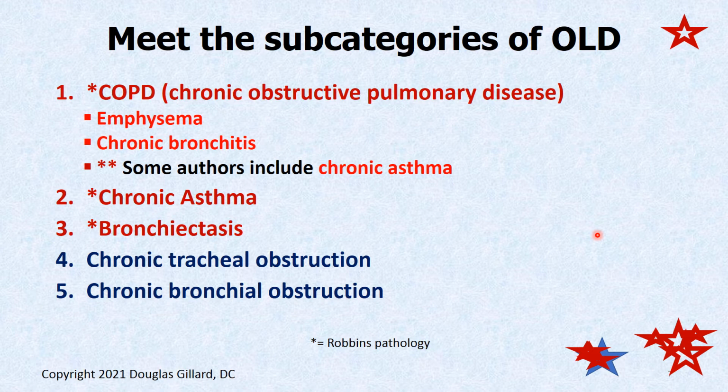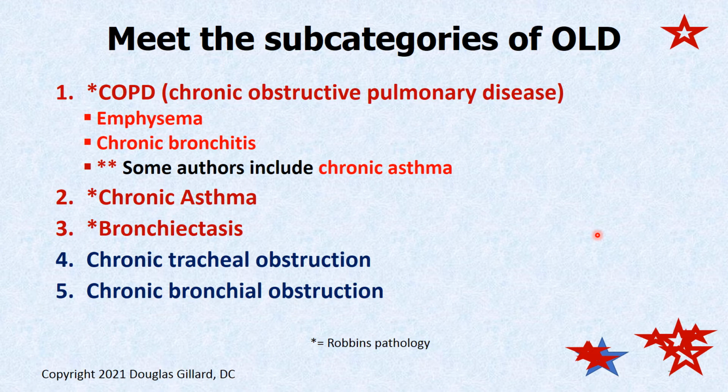Well, COPD, chronic obstructive pulmonary disease, emphysema, and COPD, as we'll learn in a bit, is a combination of emphysema and bronchitis. You very rarely have one without the other. And some authors are more and more including chronic asthma in there because it can present quite similarly. But we'll keep chronic asthma as a separate condition right now.